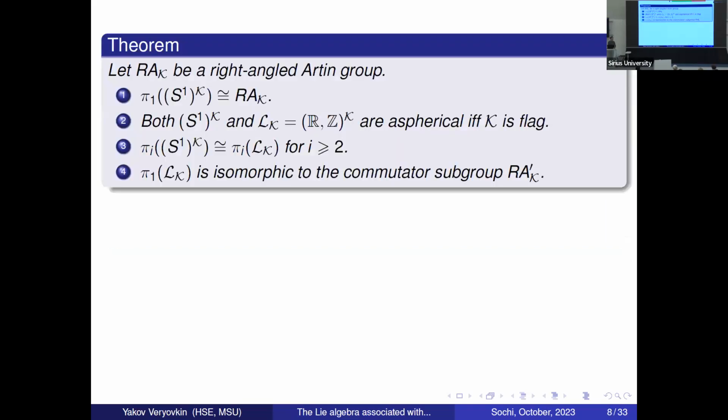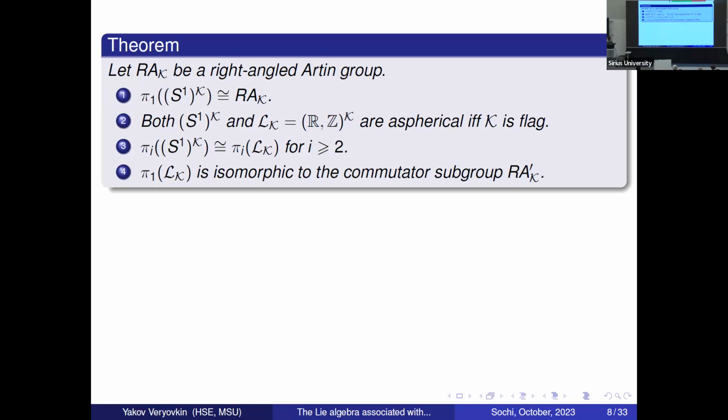We have a theorem. Let us have a right-angled Artin group. Then the fundamental group of the polyhedral product with a point of the circle is isomorphic to the right-angled Artin group. Both S^1 K and L K are aspherical if and only if K is flag.